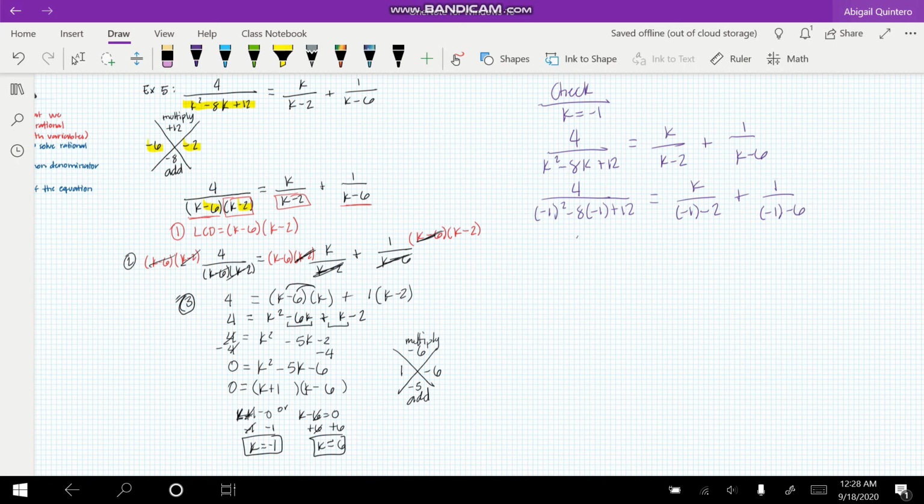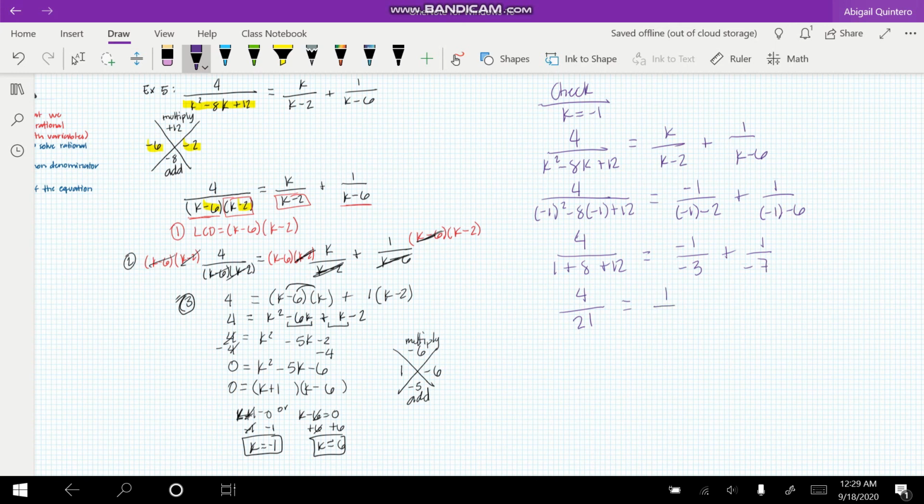And this will become 4. And actually, this k is also changing to negative 1. So 4 over 1 plus 8 plus 12 equals negative 1 over negative 3 plus 1 over negative 7. So this is 4 over 1 and 8 is 9, and then 12, it's going to be 21.